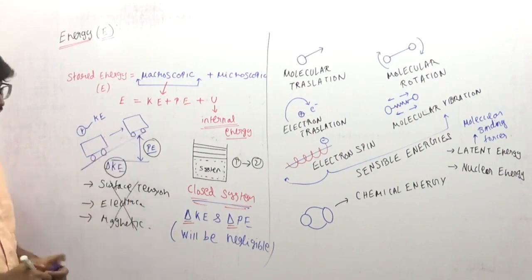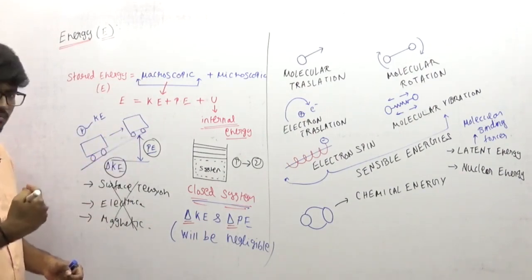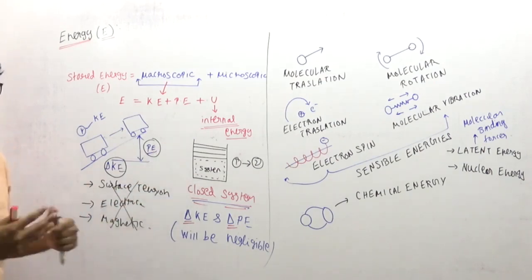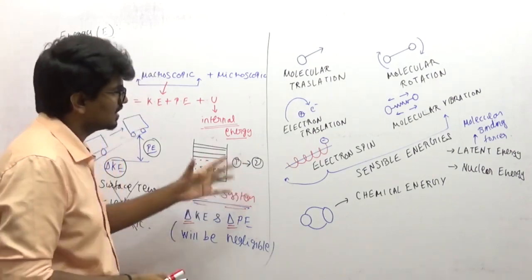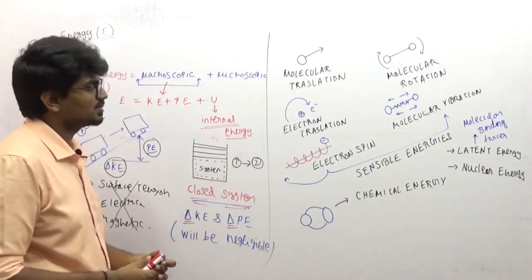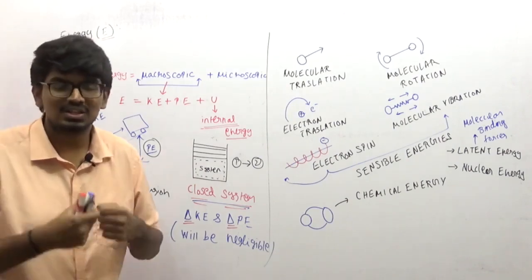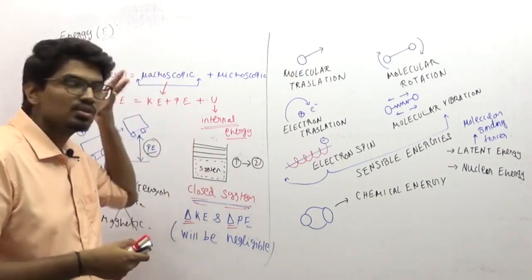Now, what is this internal energy? Any form of molecular energy which is present in a system is called internal energy. I already described almost everything here, and with respect to gear they are not very important, but I want to give you a feel about internal energy. You need to understand internal energy and you need to feel it.